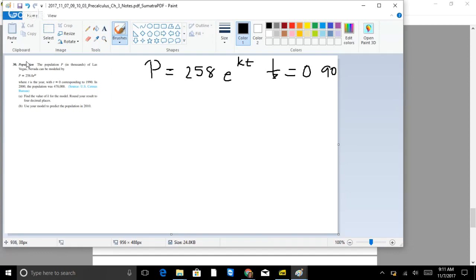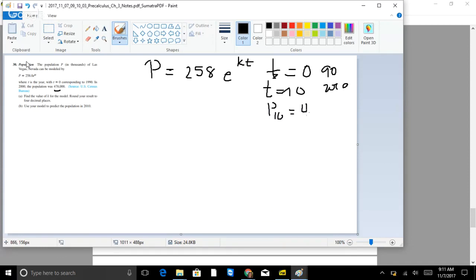And they also tell us that in the year 2000, which is 10 years later, so when t equals 10, the population is 478,000 people.